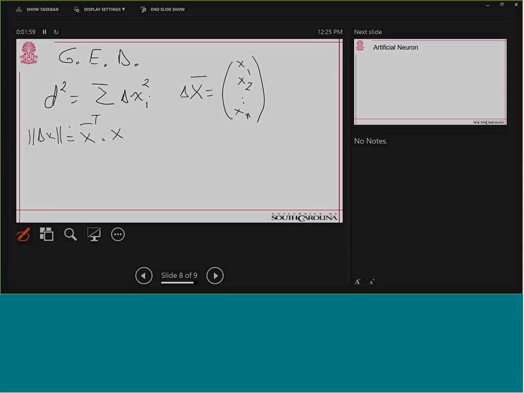Okay, so basically what I'm doing here, if you want to take the dot product version of it, I can say the delta x dot product vector is nothing more than element-wise multiplication of each other, which becomes x1 squared plus x2 squared plus all the way to xn squared.